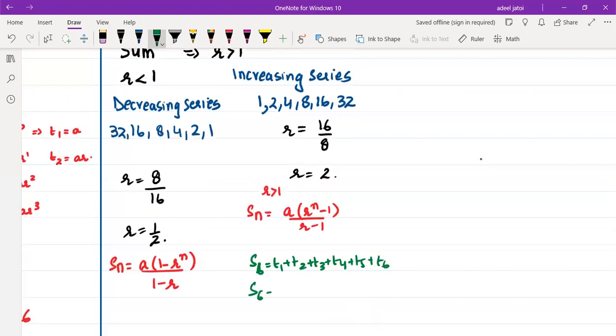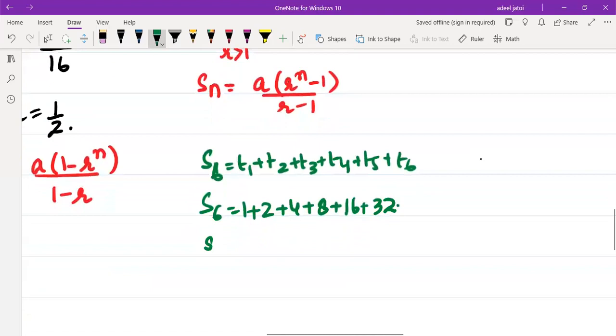That means the sum of 6 terms is 1 plus 2 plus 4 plus 8 plus 16 plus 32. The sum S6 is equal to: 32 plus 16 is 48, 48 plus 8 is 56, 60, 63. The sum of 6 terms will be 63.